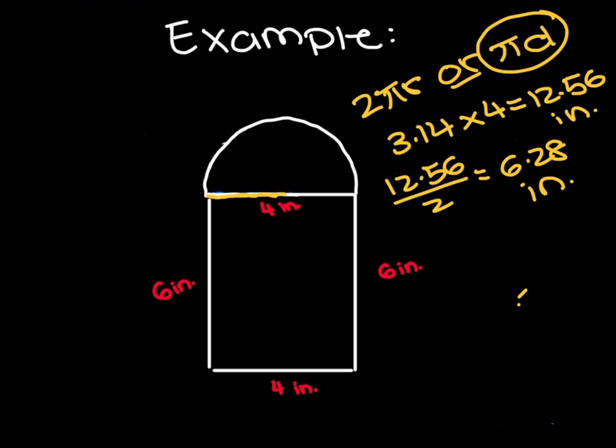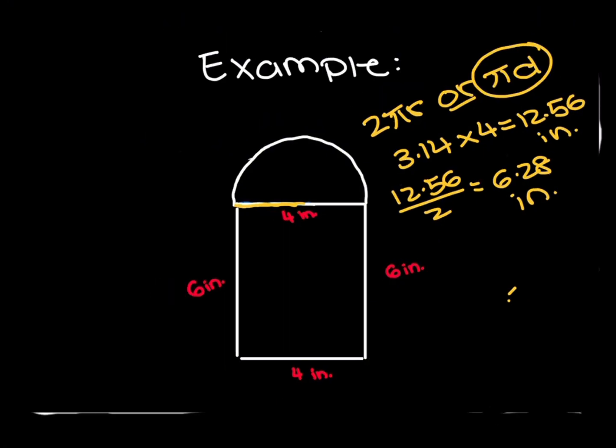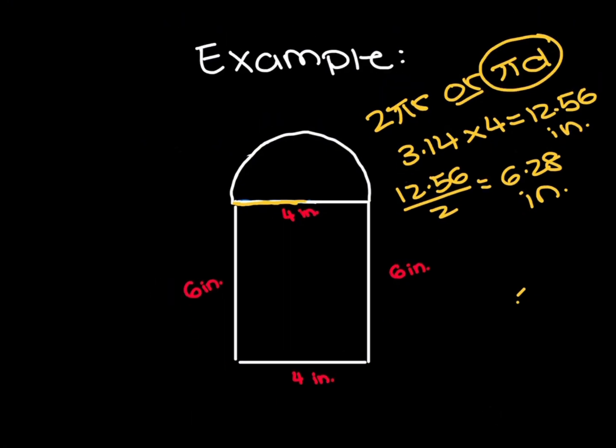Now, let's find the perimeter of the rectangle. So this part is the easy part. We just add all of the side lengths. We do 6 plus 6, and then plus 4 equals 16 inches. We don't add the 4 over here because we're finding the outside fence, so we don't include the inside measures. So we just ignore this 4, just pretend it's not there.